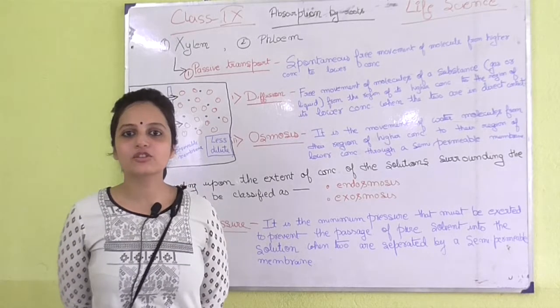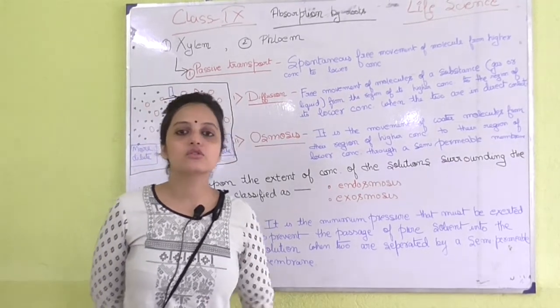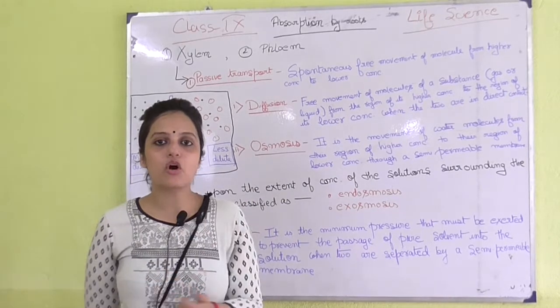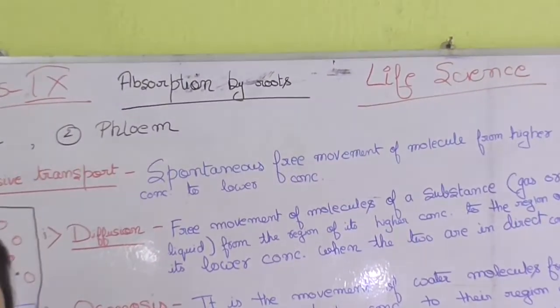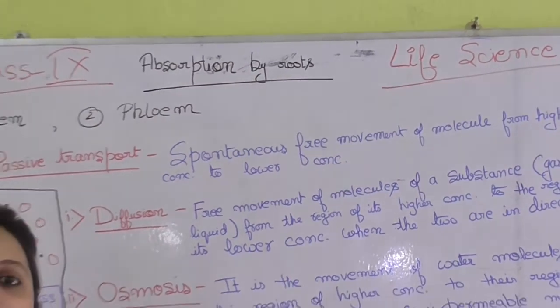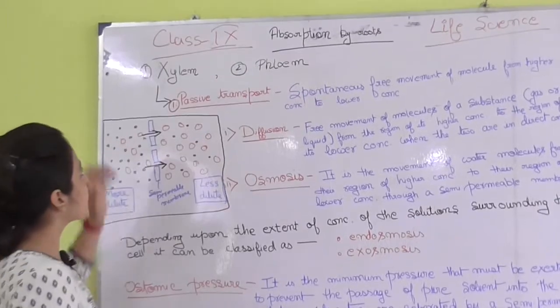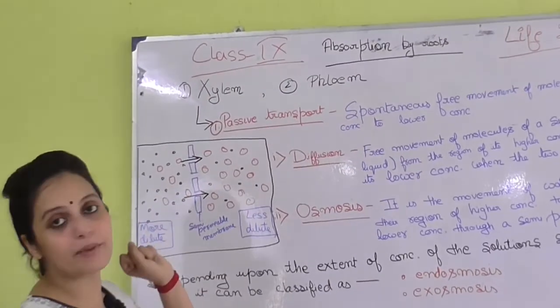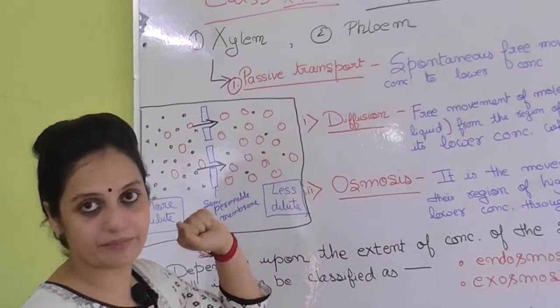We are going to start today with the absorption of root for class 9. So, the absorption of root, also known as transportation of water or solvent from the soil, will be studied today. The absorption of root is carried by xylem and phloem.